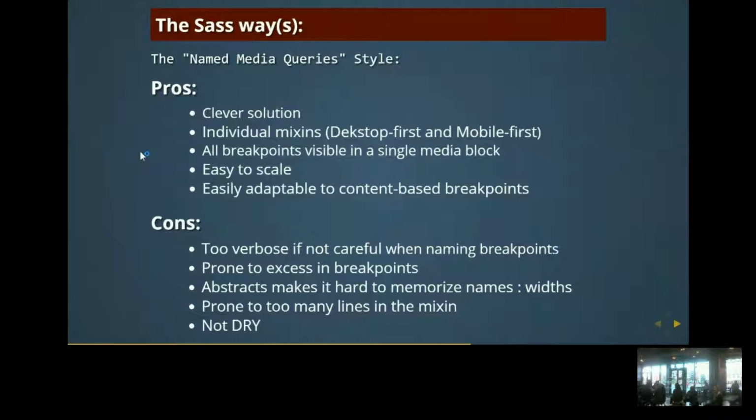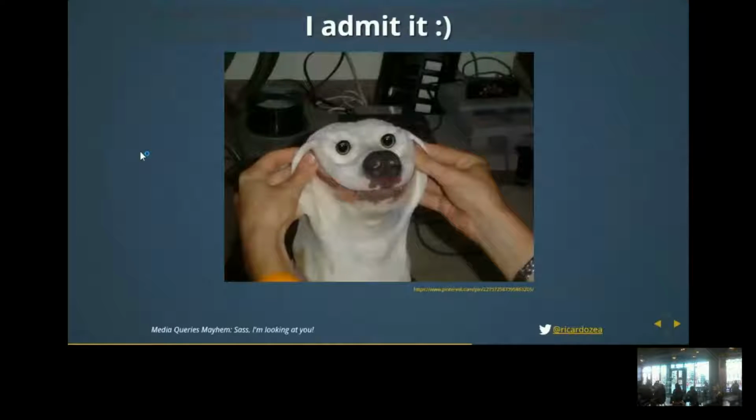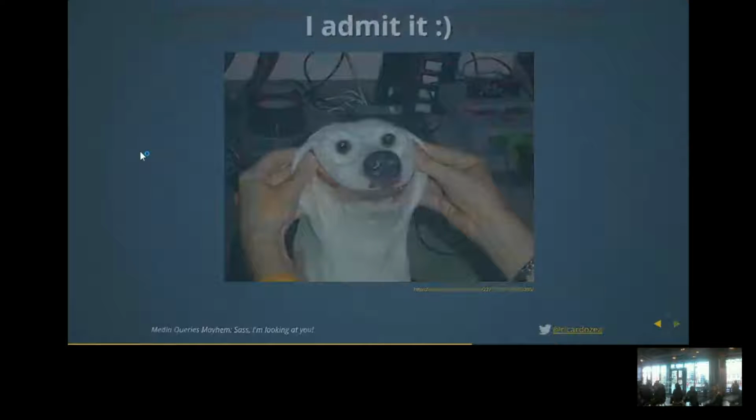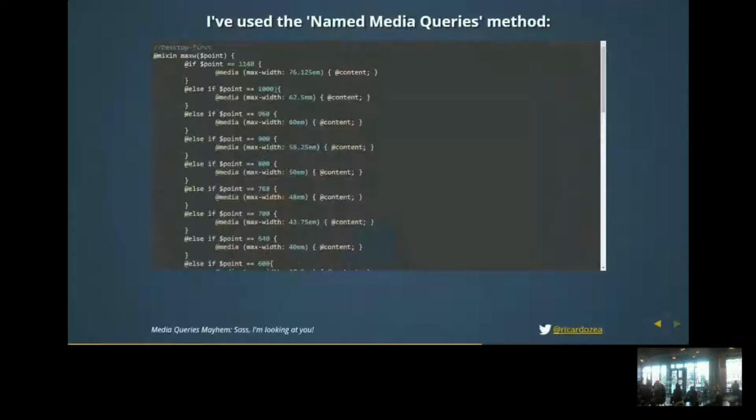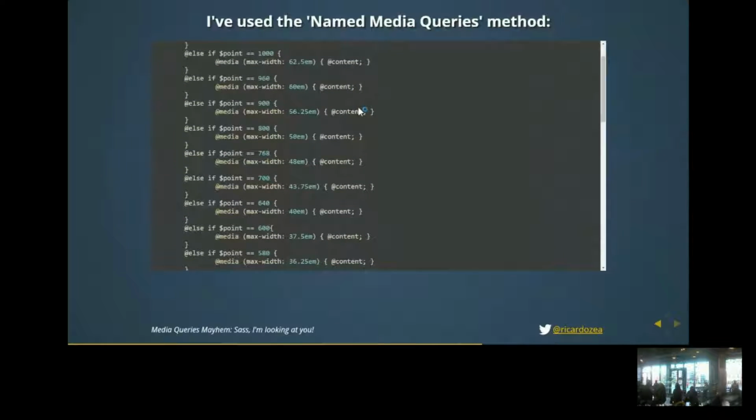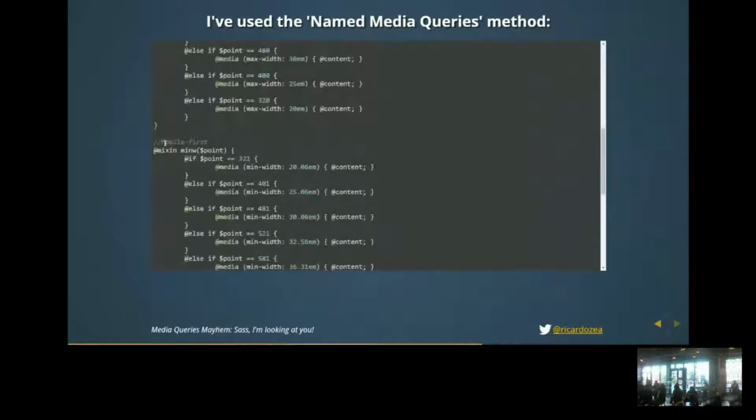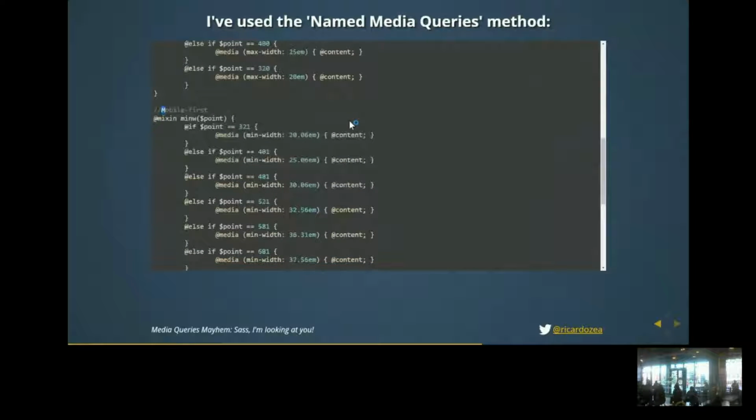To admit it, I've used the NamedMediaQuery method before, and what you see here is a real Sass partial for my breakpoints. So as you can see, I have the mobile first here, desktop first on the top, and I went with my own naming.